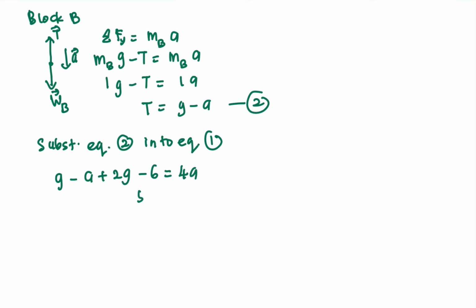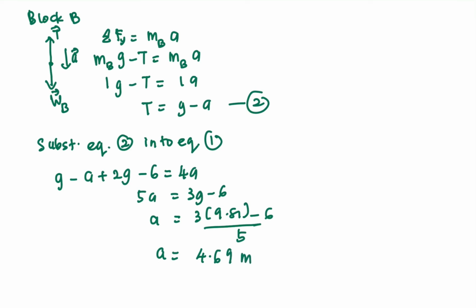So now you will get 5a equal to 3g minus 6, and your acceleration a is 3 times 9.81 minus 6 over 5, and you get your acceleration is 4.69 meters per second squared.